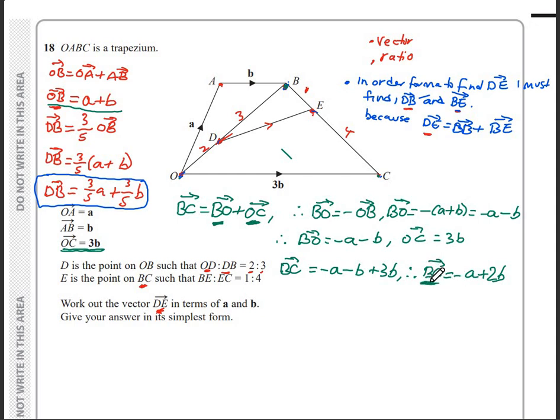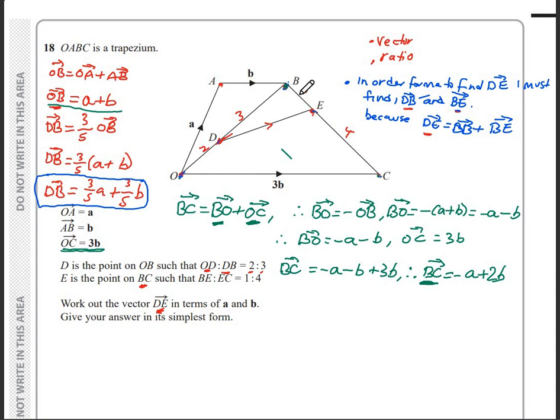And why did I want to find what BC is? Remember, BE is part of the line BC. In fact, the line BC has 1 part plus 4 parts equals 5 parts. So the line BC is 5 parts in total, and BE is 1/5 of the line BC.